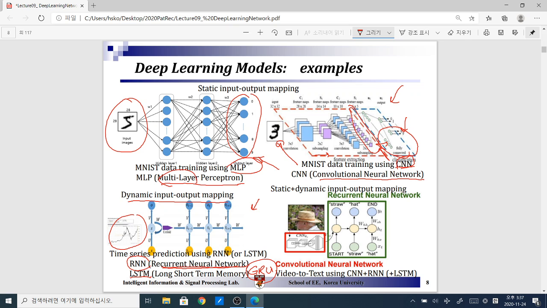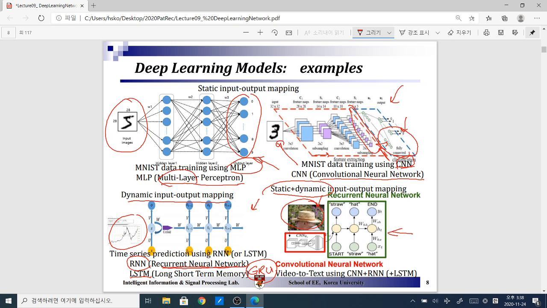And then we have a combination of static plus dynamic input-output mapping. Here, for example, this type of representation would be useful when you have an image that you want to describe with, say, a closed caption. The image would be static, and the description, in terms of a sentence, would be sequential data.